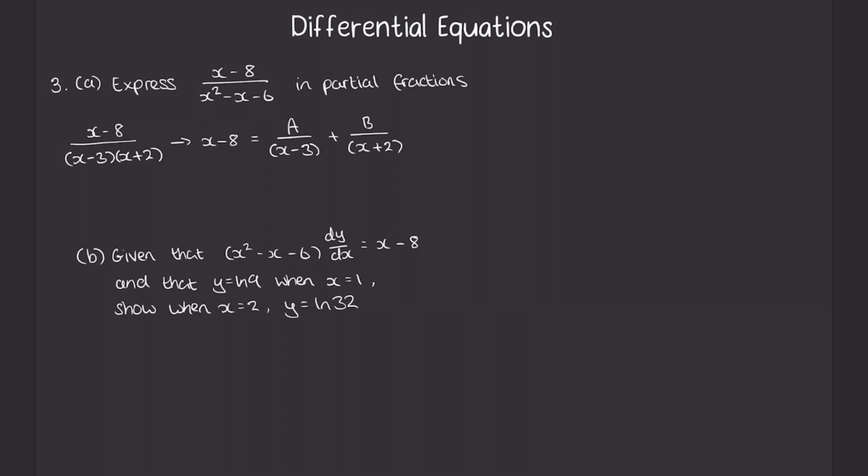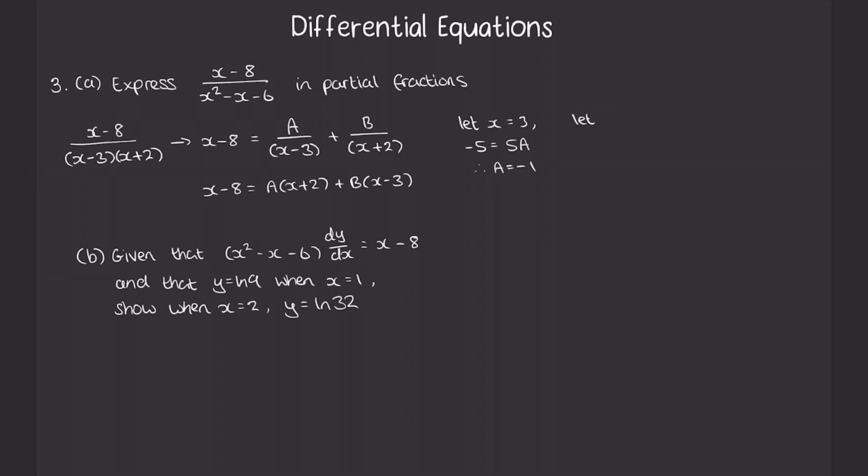But anyways, okay, so then we can do x minus 8 equals a in brackets x plus 2, plus b in brackets x minus 3, close brackets. Now we can set x equal to 3. So let x equals 3 and we get minus 5 equals 5a, and therefore a is negative 1.